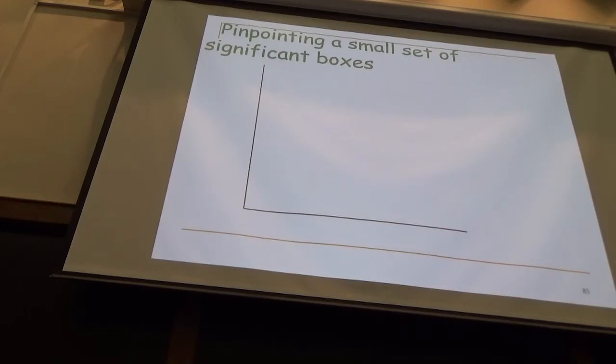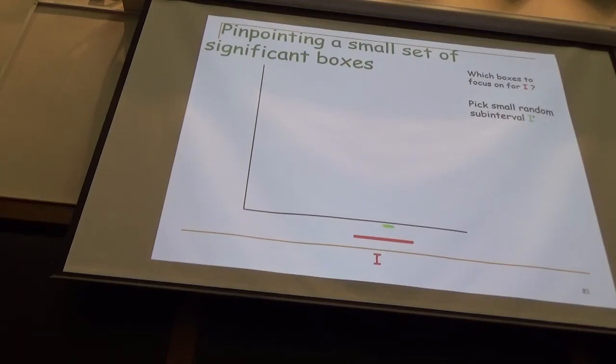Okay, so the next idea is pinpointing a small set of significant boxes. So I have an interval I, and I want to determine which vertical intervals might be important for I, which means which ones are possibly close to I, because that's what I want. So here's what I do. I pick a small random interval, I prime, inside of I, and find all vertical intervals close to I prime.